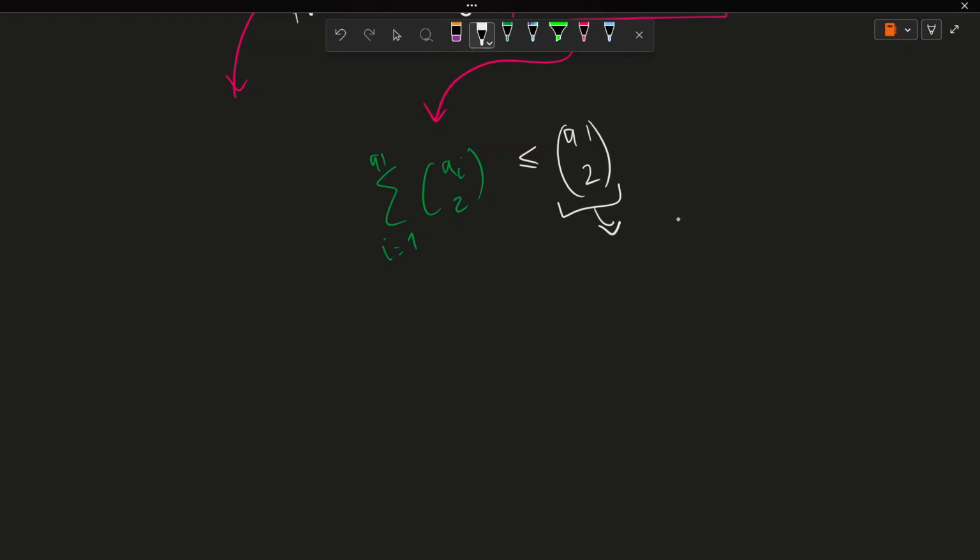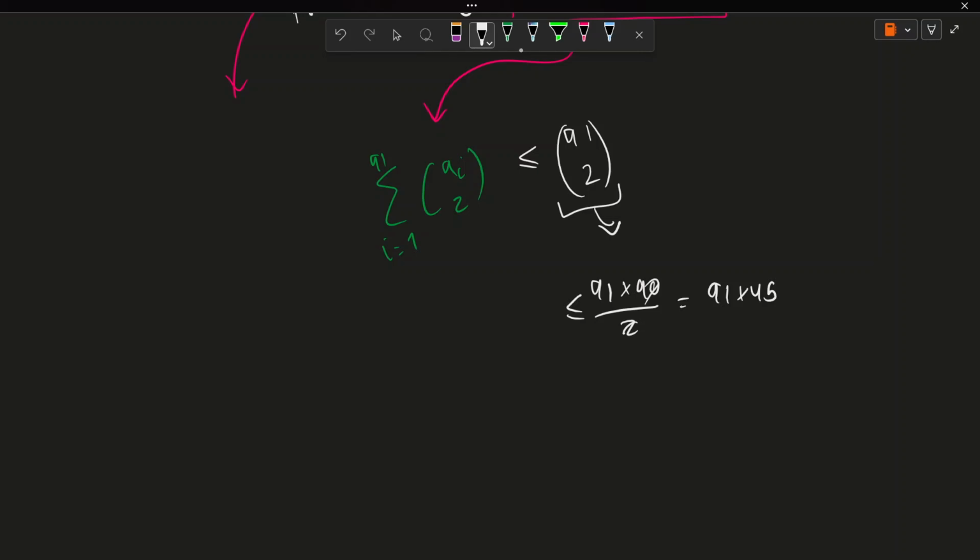And let us try to solve for this. 91C2 is 91 into 90 by 2, which is equal to 91 into 45. So this is greater than or equal to the summation of ai choose 2.